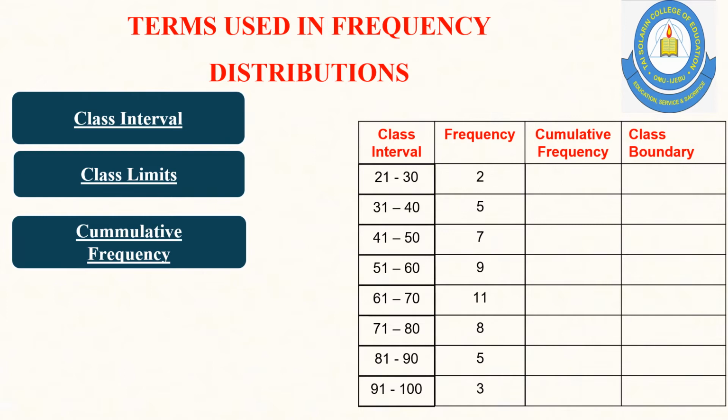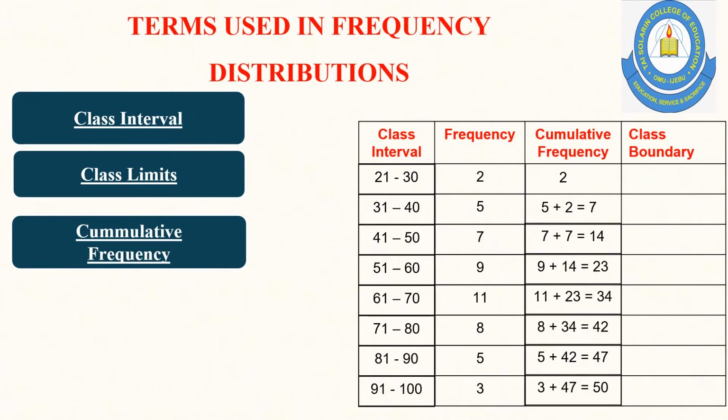To get the cumulative frequency, the first number is 2. We add 2 to the next number, which is 5, so we have 5 plus 2, which gives us 7. The next is 7 plus 7, which gives us 14. So let's try that and complete the table. We should have something like this.